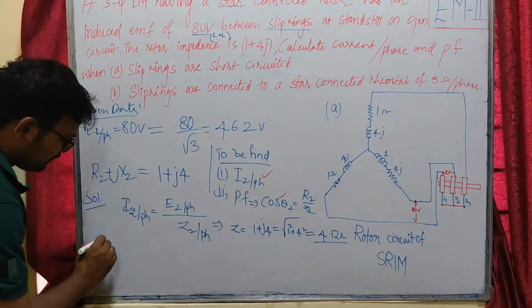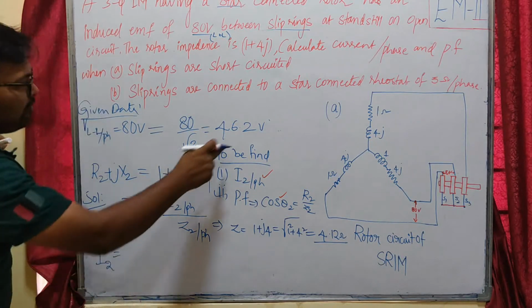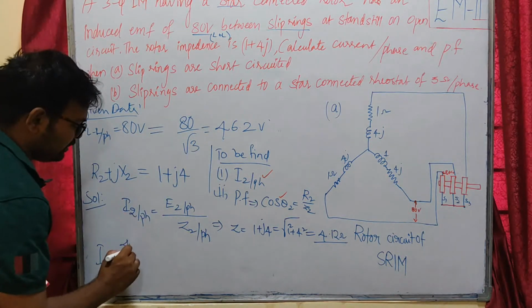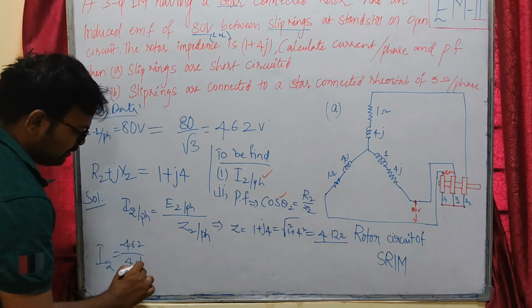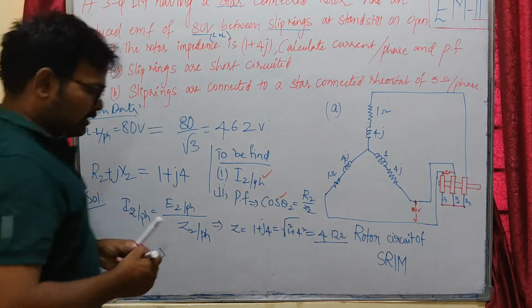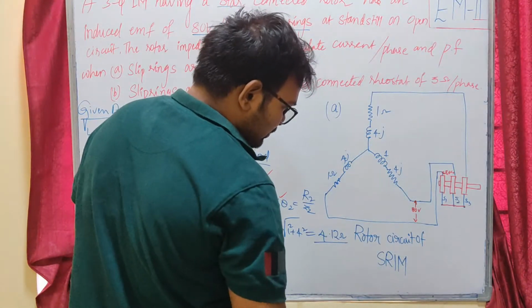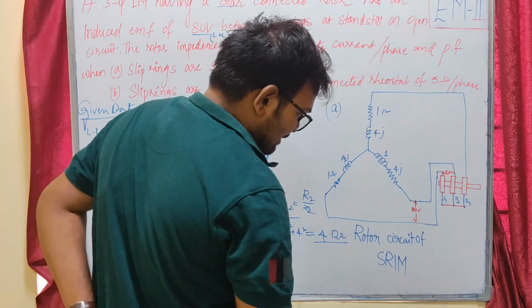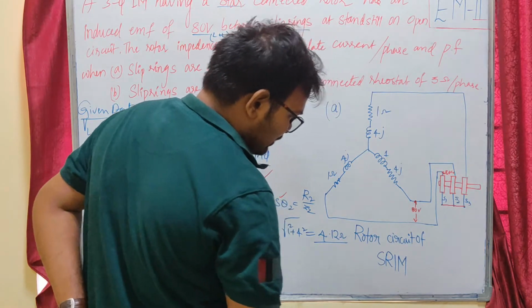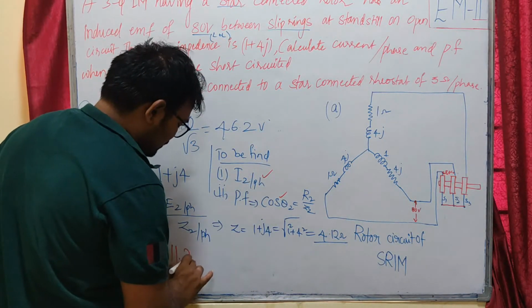I can find the rotor current by substituting the per phase EMF, 46.2, by the rotor impedance, 4.12. So the rotor current is around 11.2 ampere.